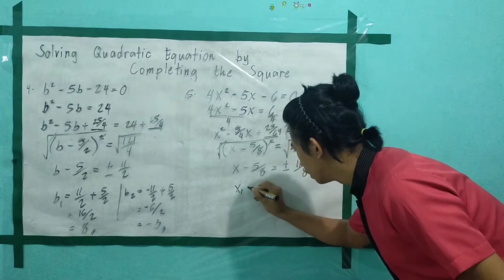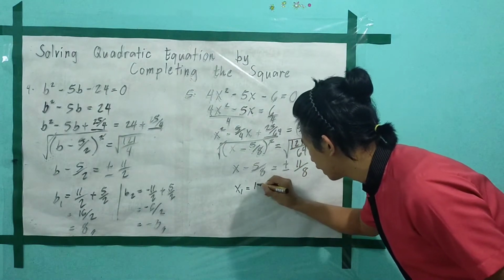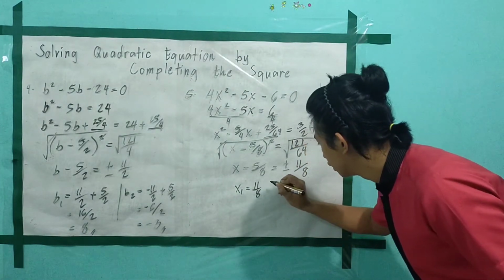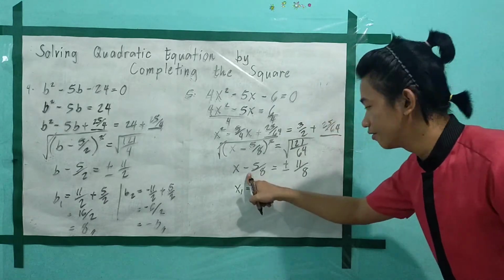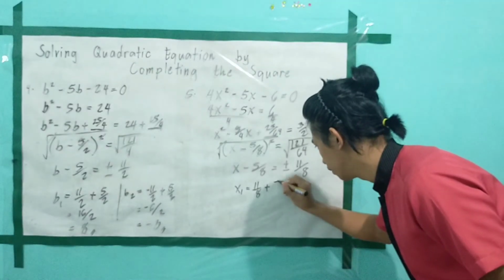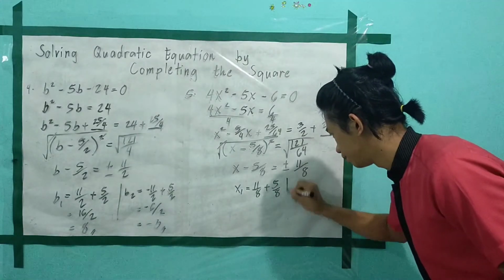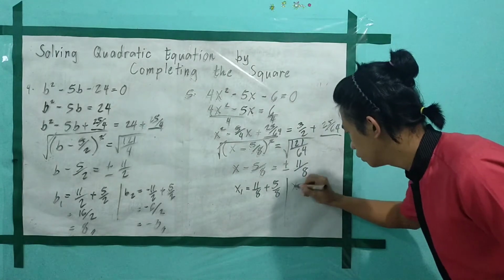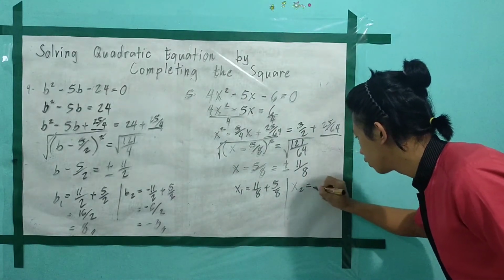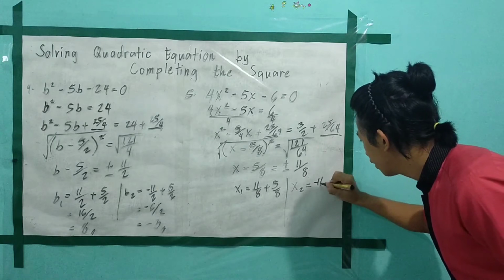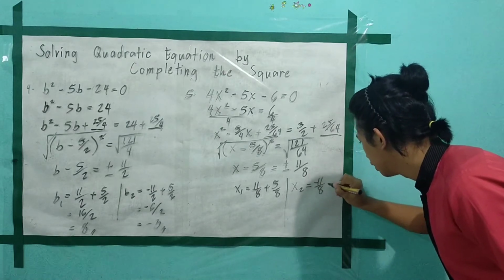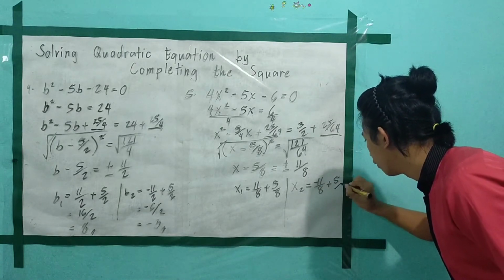X sub 1 is equal to positive 11 over 8. Transpose natin yung negative 5 over 8, magiging positive 5 over 8. And for our x sub 2, is equal to negative 11 over 8 plus 5 over 8.